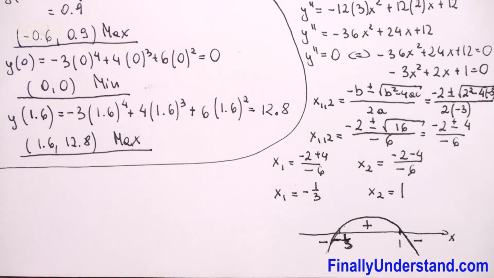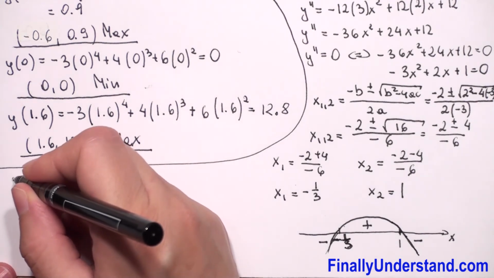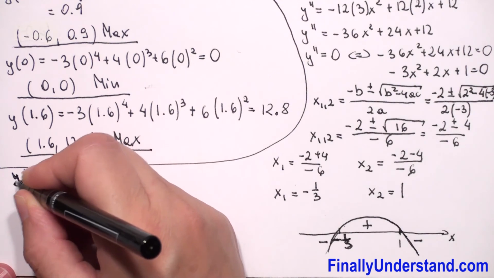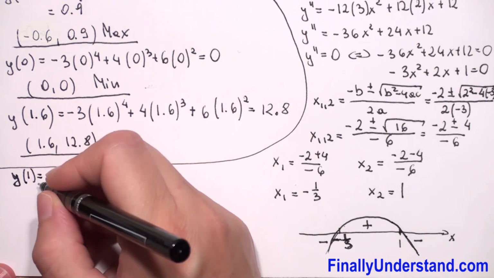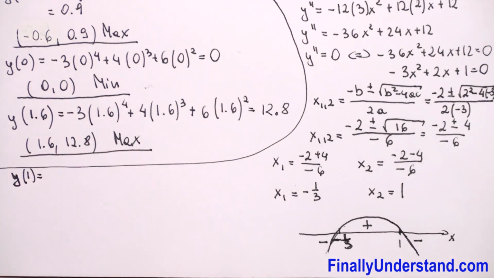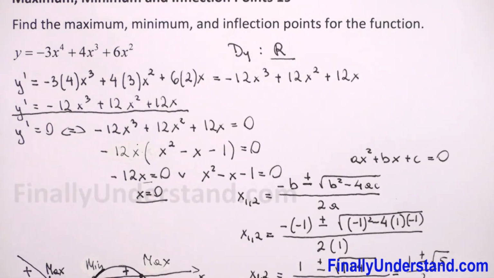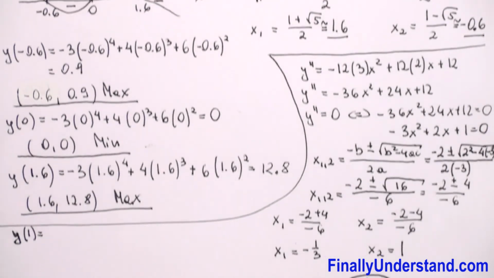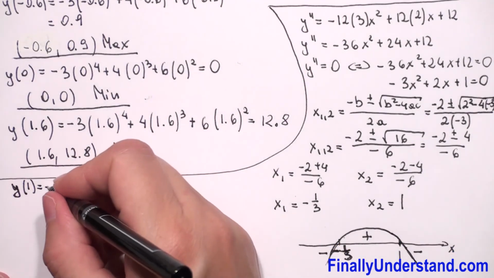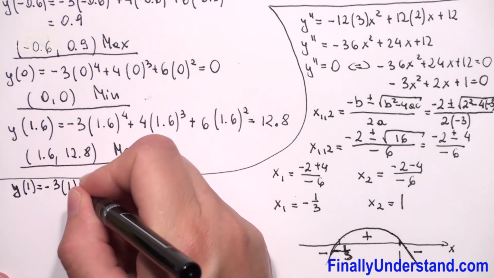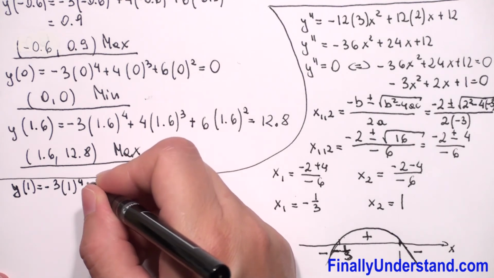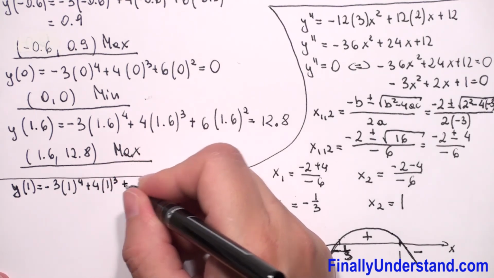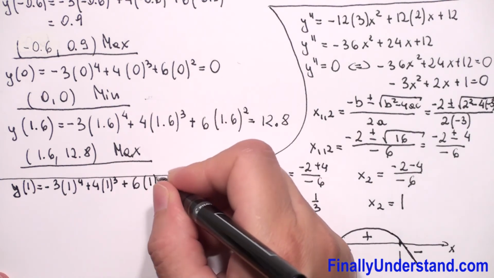Let's calculate these points. So for x equals 1, we have y of 1 is equal to... it means we have to replace in our function x's by 1. So it will be negative 3 times 1 to power 4 plus 4 times 1 to power third plus 6 times 1 to second power.